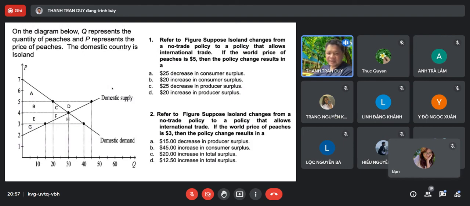I see only one vote here, and D. Now, when we change from closed to open, who gains? Consumer gain or lose? Anyone tell me? If we change from closed to free trade, in this case, do consumers gain or lose?